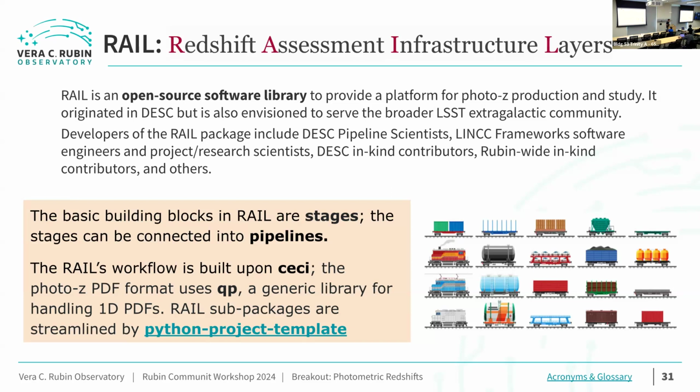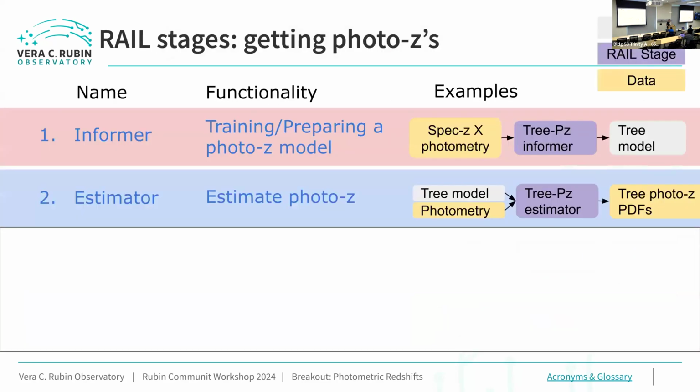The workflow is based on ceci, a workflow manager of DESC. The PhotoZ output is written in the format of qp, a generic library for 1D PDFs, and RAIL methods are built as sub-packages that are streamlined by Python project templates and one Python framework, which makes a new package really quick.